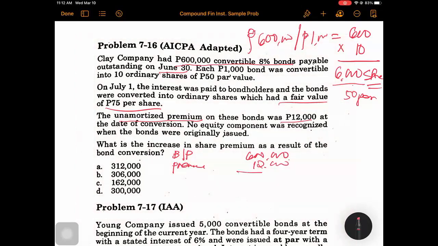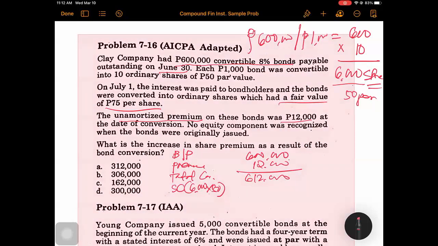So, this is now our total consideration. Pila ka shares pwede ma-convert? So, 6,000 shares at 50 par. So, you have the share capital, 6,000 times 50 par. That's 300,000. Therefore, ang balance, kini nato i-record as share premium. So, that's 312,000.